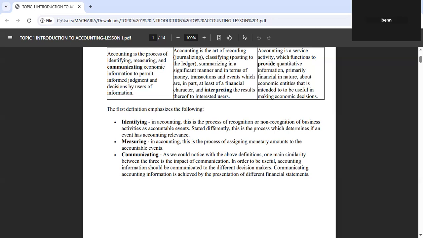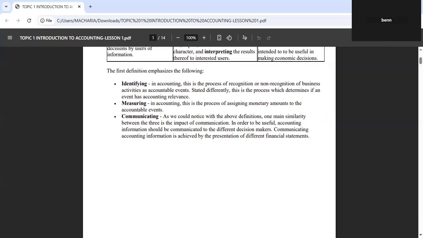Communicating, in this case, we are saying that as we could notice with the above definitions, one main similarity between the three is the impact of communication. You are identifying and measuring an item so that whoever is going to read it can make sense, can be able to perceive the information clearly.